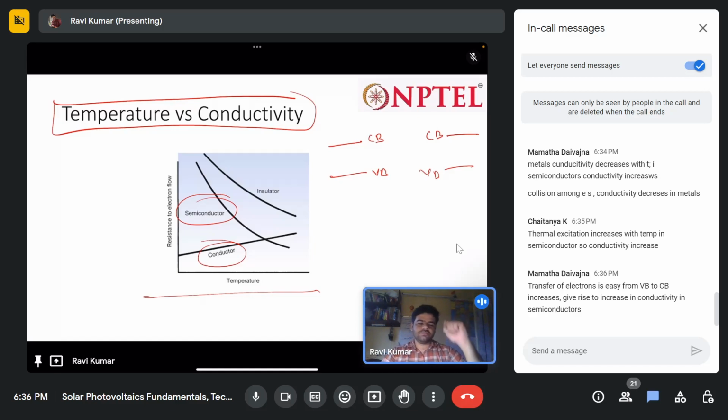Yes, absolutely correct. For conductivity, what is the minimum requirement? We need to jump from the valence band to the conduction band. If an electron has some energy, and we give some thermal energy, then the energy of the electron will be more, so it can jump this barrier easily. Yes, you both are correct.